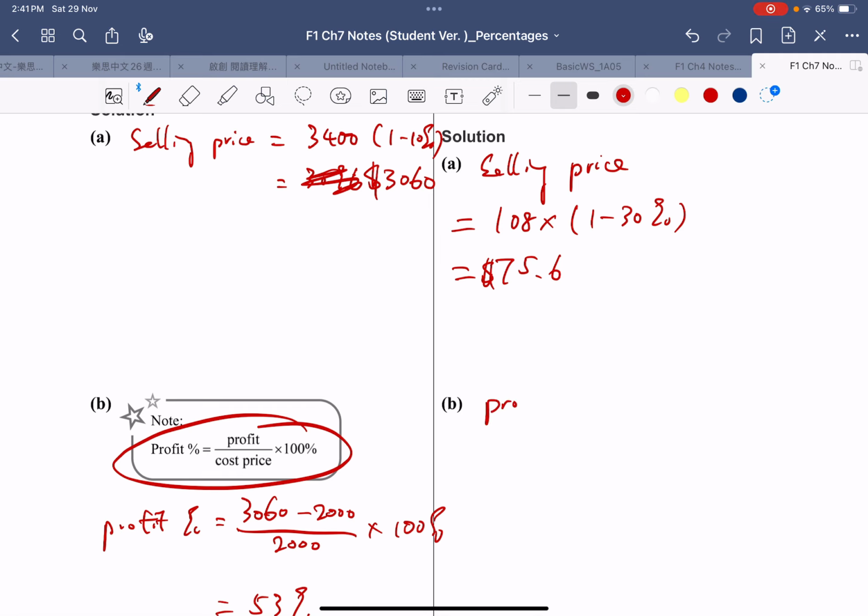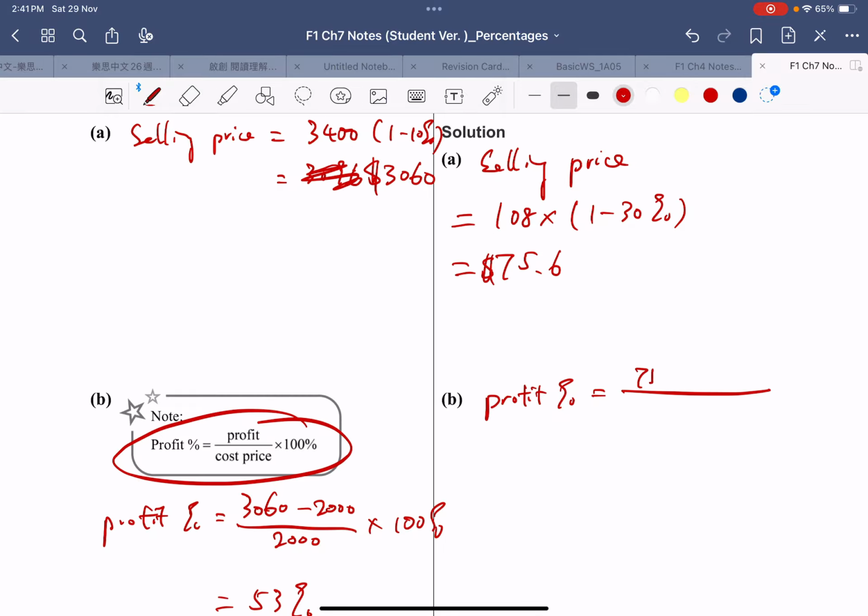And then profit percent is the profit you have made, 75.6 minus the cost, and then divide by what? Of course, the cost, times 100%, and then calculate this, 40%.